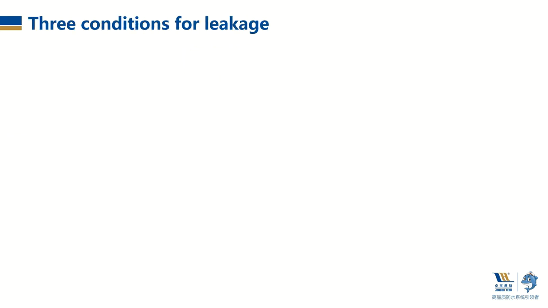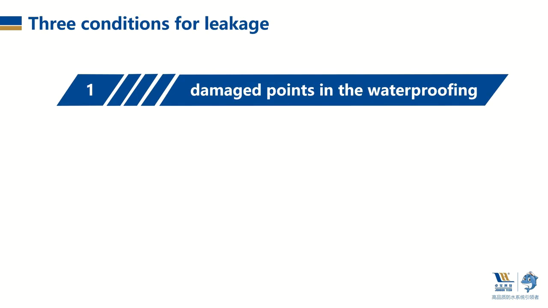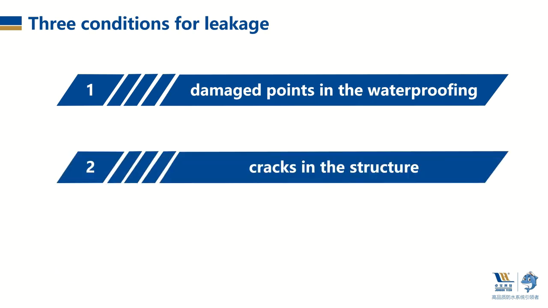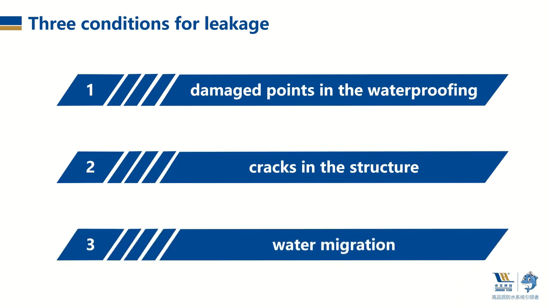From the analysis, we can see that there are three conditions for leakage. The first one is there are damaged points in the waterproofing. The second is there are cracks in the structure. And the last one is there is water migration.